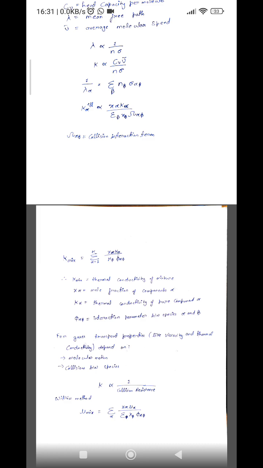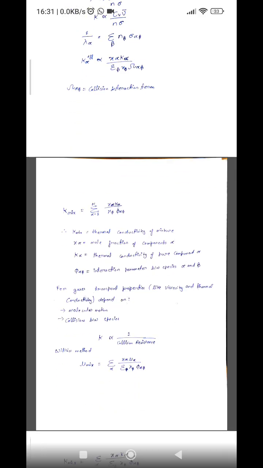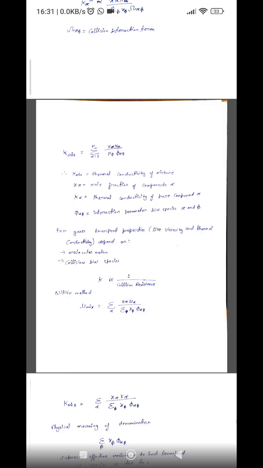For gases, transport properties like viscosity and thermal conductivity depend on molecular motion and collision between species. So with these two ideas we can derive that the thermal conductivity K is inversely proportional to the collision resistance.